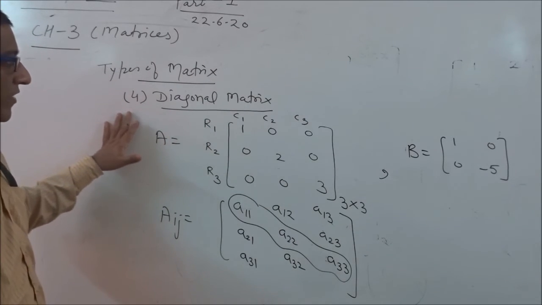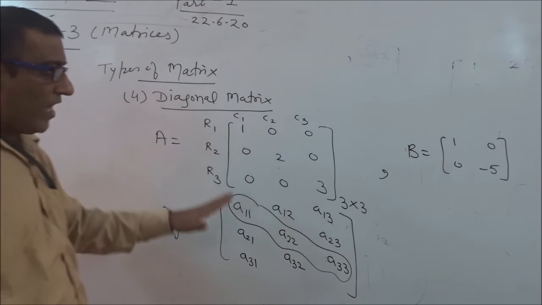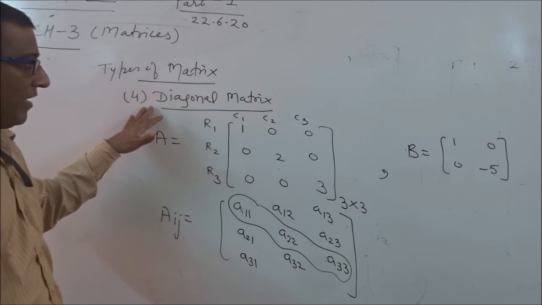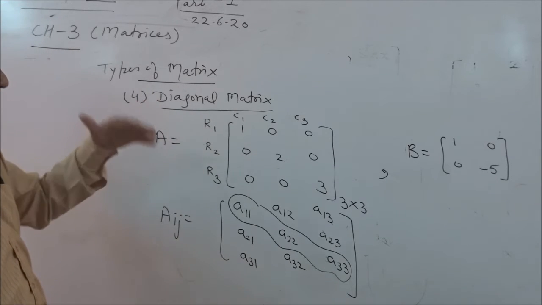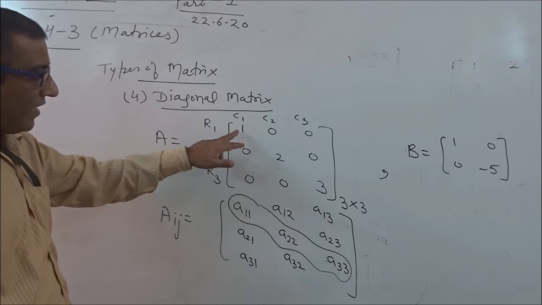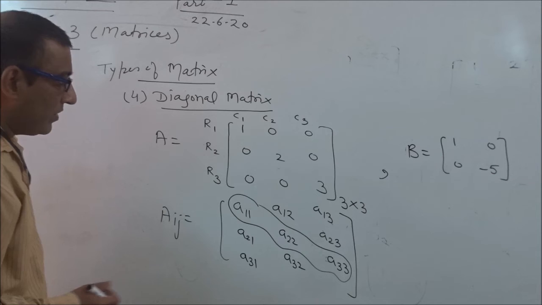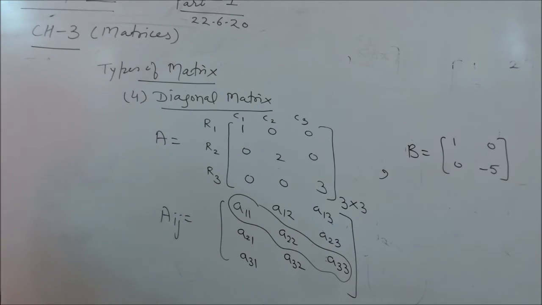Such type of matrix is known as diagonal matrix. It means we can say a square matrix is a diagonal matrix if its non-diagonal elements are equivalent to 0 and other elements are any real number, or we can say complex number also.